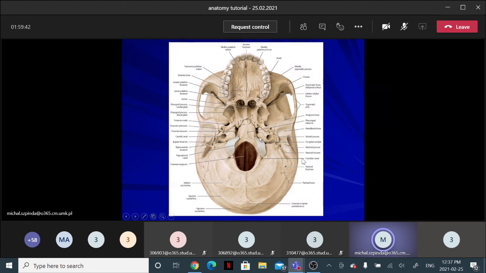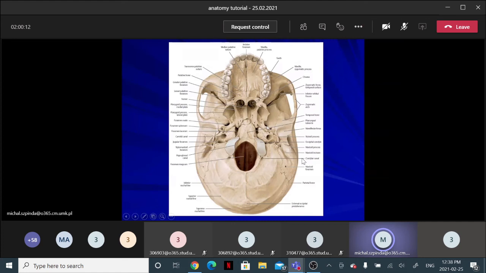That's called just the jugular foramen. And just here you can see in front of the pyramid, we can see sulcus for auditory tube that's present on both the greater wing and petrous temporal bone.